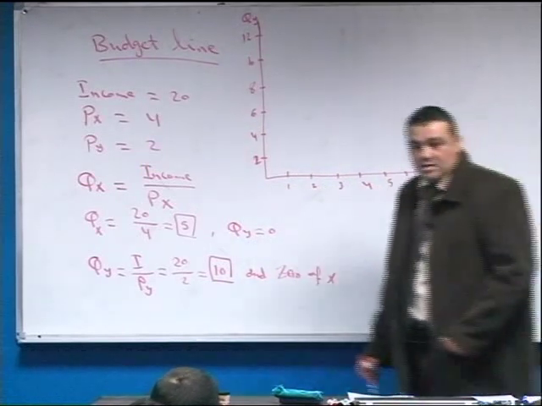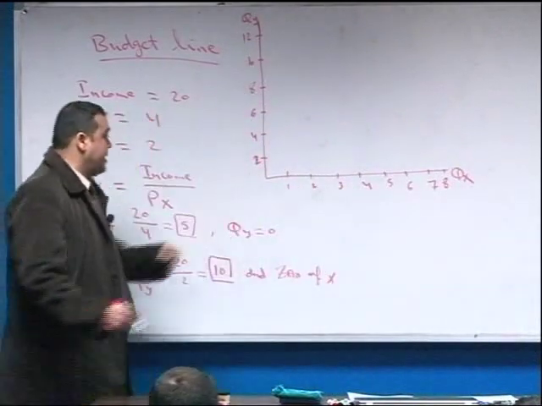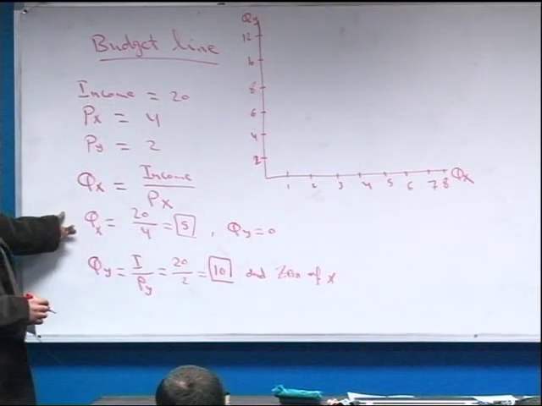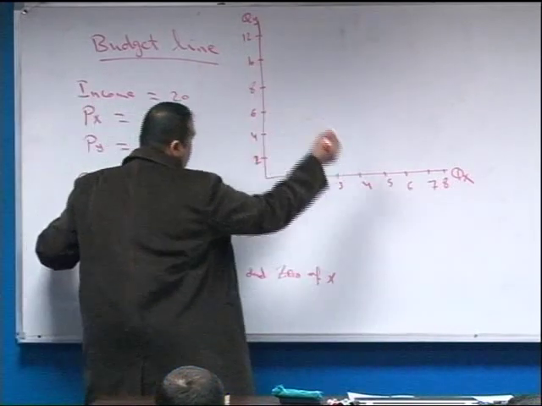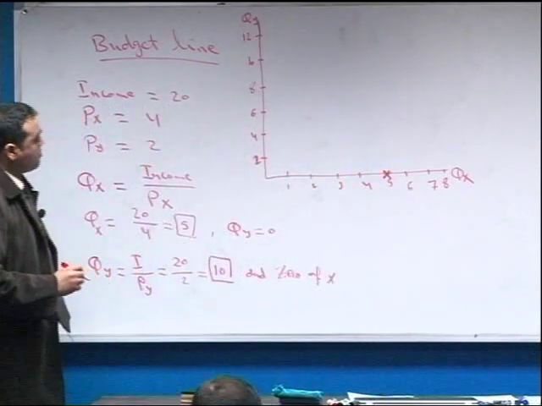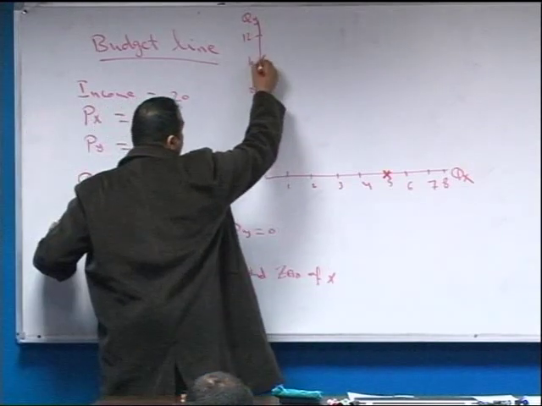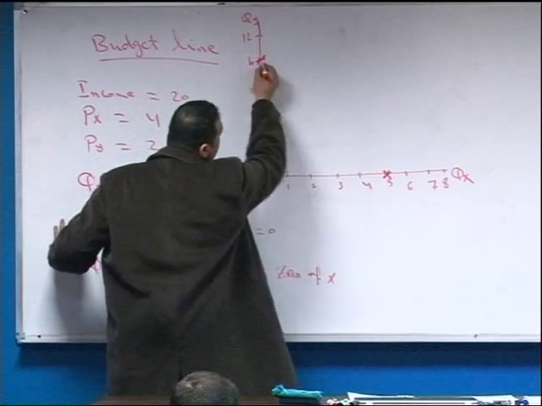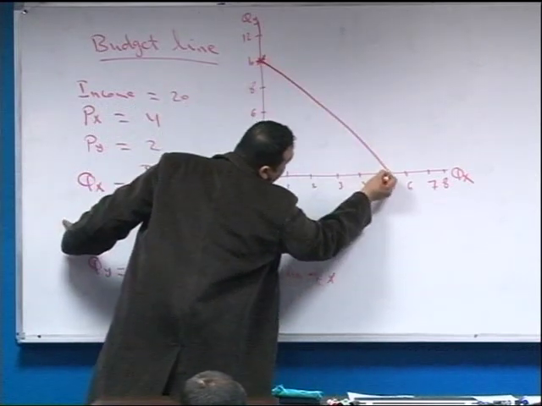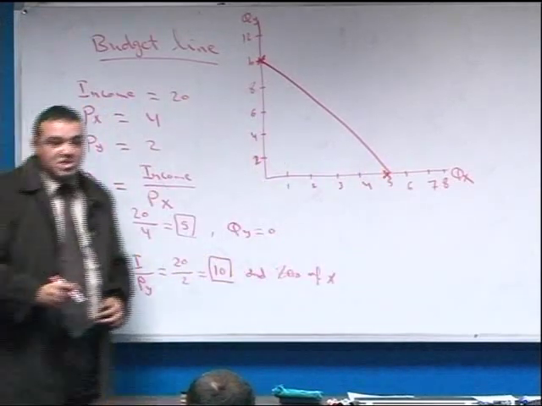As we mentioned, if the consumer decided to spend all of his income to buy only X, how much does he purchase? 5 units of X. If he wants to buy only Y, 10 units of Y. If we connect these 2 points together in one line, we will reach the budget line.